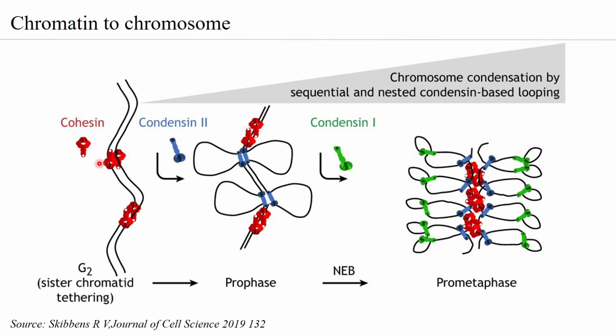Because in mitosis, when the sister chromatids have to be pulled apart, if they are not condensed and you pull them, then because they are tangled, they may break. But if they are condensed, you are minimizing the tangling, and therefore you are minimizing the breakage of the DNA itself. Therefore, condensation of DNA is extremely important for mitosis to occur.